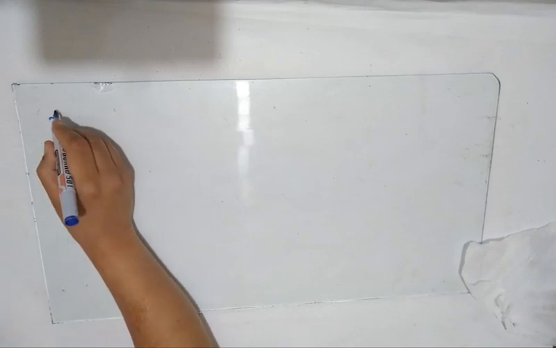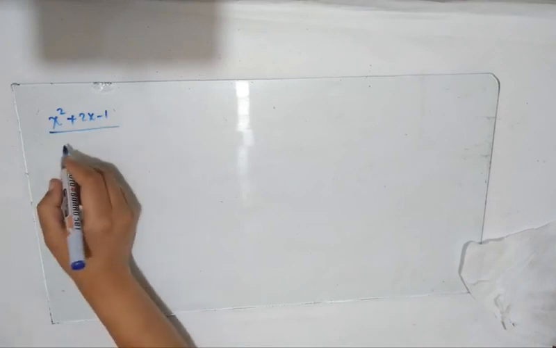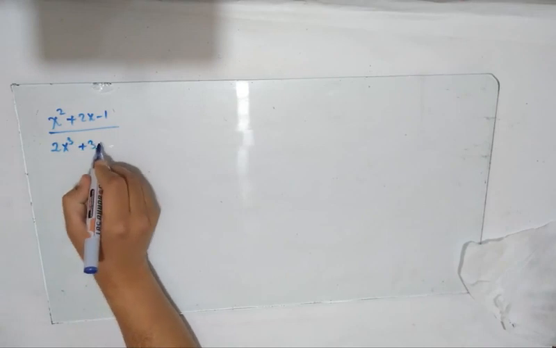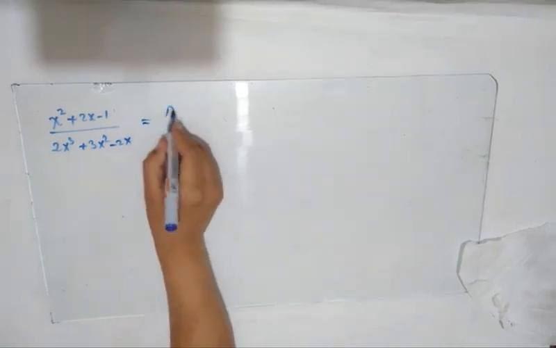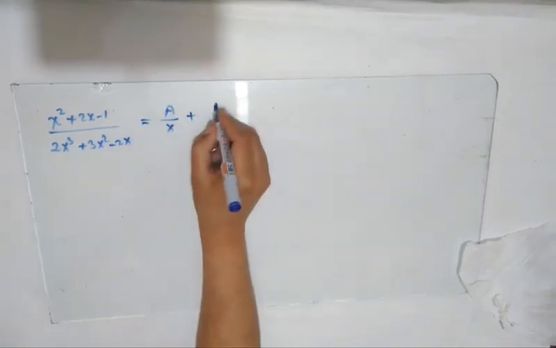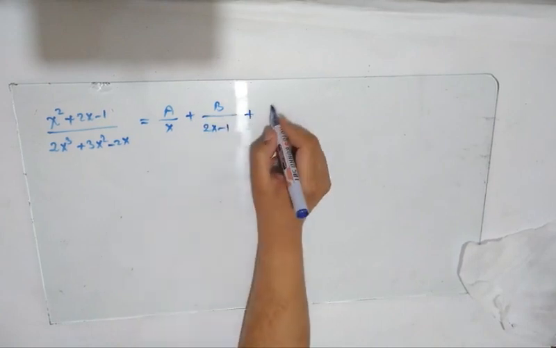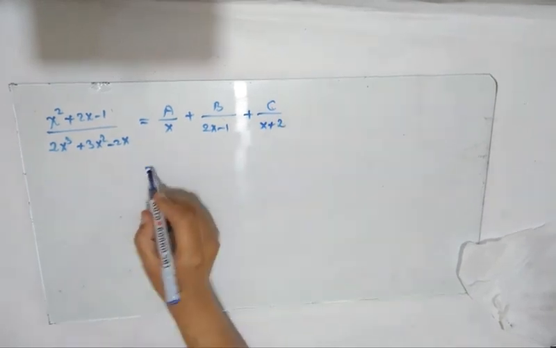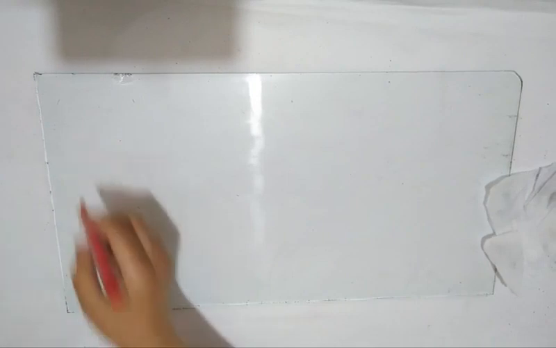So our fraction is x squared plus 2x minus 1 over 2x cubed plus 3x squared minus 2x, which equals a over x plus b over 2x minus 1 plus c over x plus 2. Now let's see the second method.